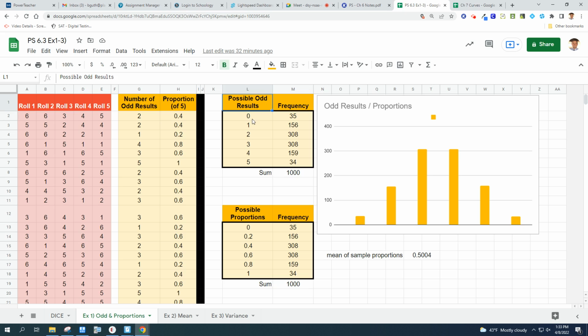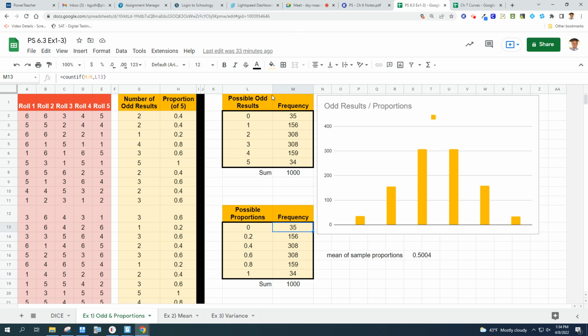The possible outcomes are 0 odd numbers, 1, 2, 3, 4, 5, and I had my spreadsheet count up the number of times each happened. Likewise, the possible proportions are 0/5, 1/5, 2/5, 3/5, 4/5, 5/5. It's the same numbers, so it doesn't matter if you look at the odd results or the proportions.